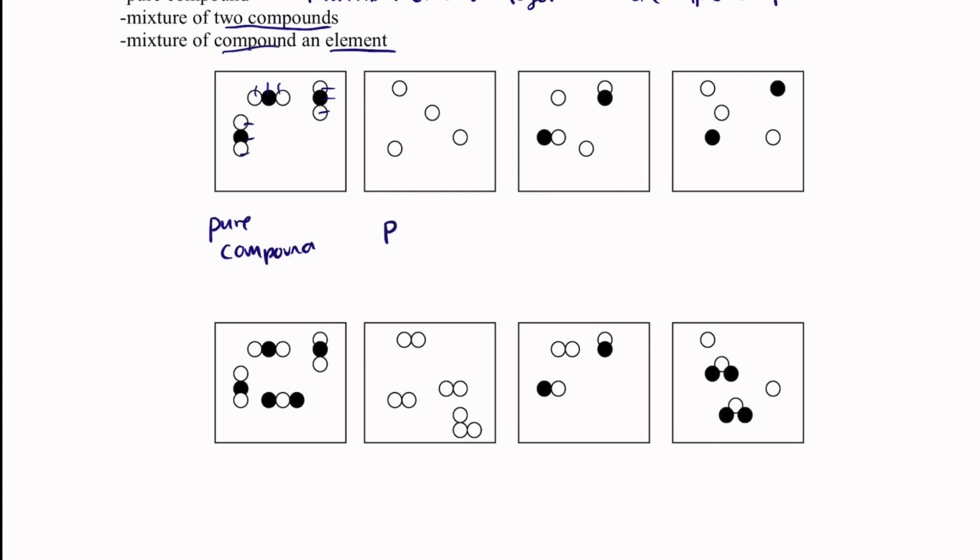Here we just have a pure element. Here we're going to have a mixture of compound and an element. Here we have an element. Here we have a compound. And then this is going to be a mixture of two elements, okay, because we have two different types, a white circle and a black circle, but just one circle.